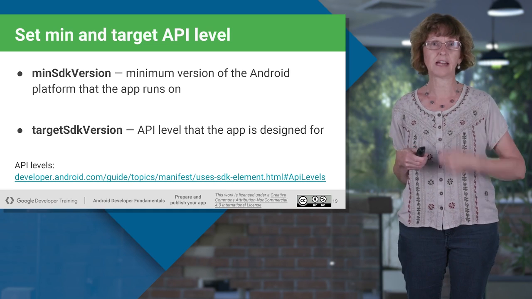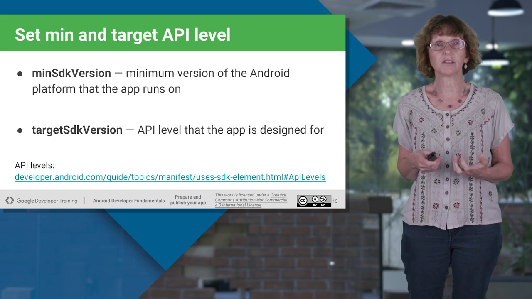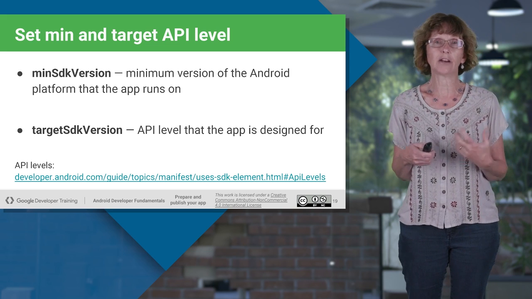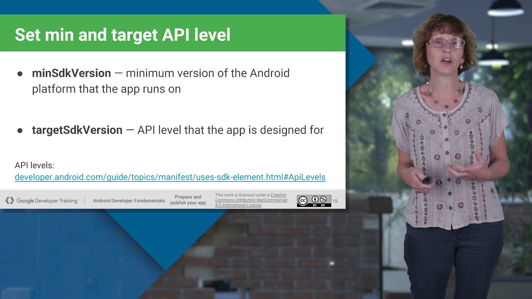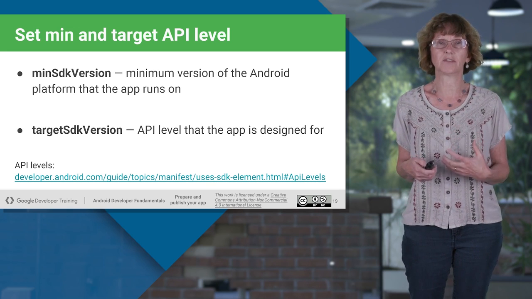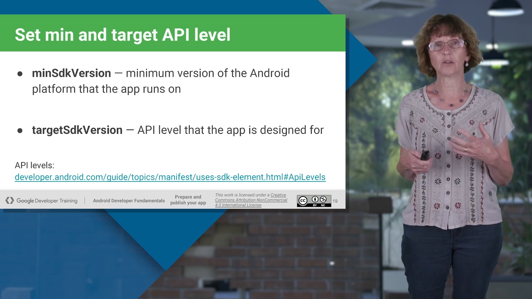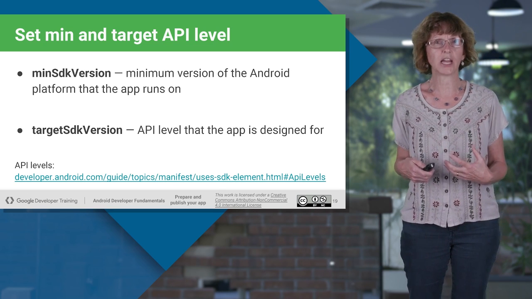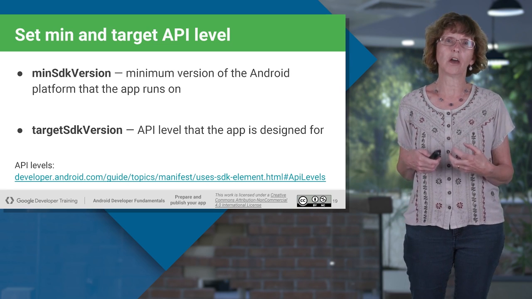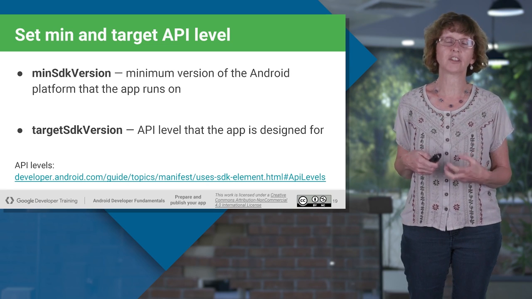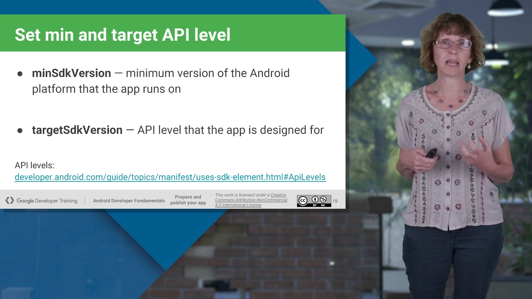It may be that in the process of developing your app, Android has released a new version and your target SDK version is now not targeting the latest version, and you want it to. So even though these values will already be set in your projects, I encourage you to go back and review them and make sure that they reflect the versions that you really want your app to be able to run on.